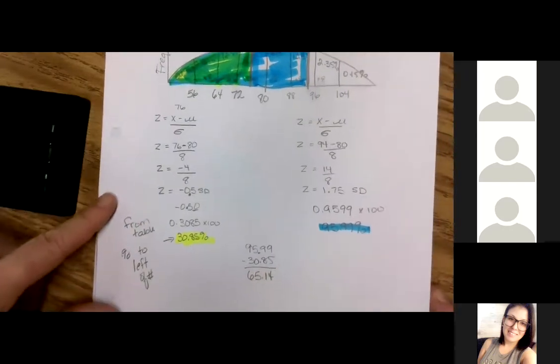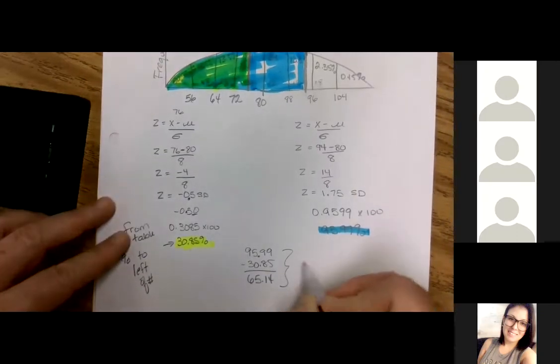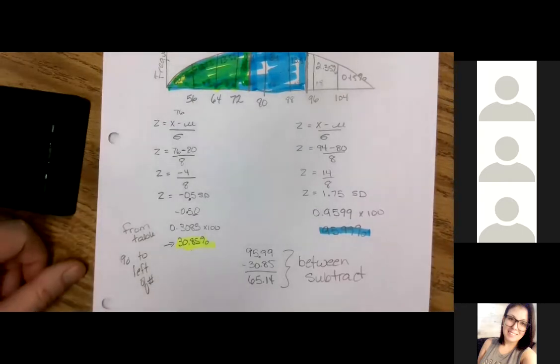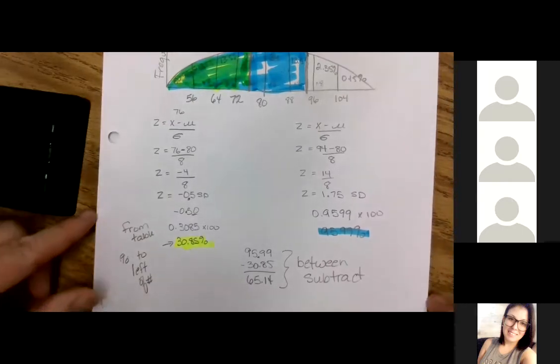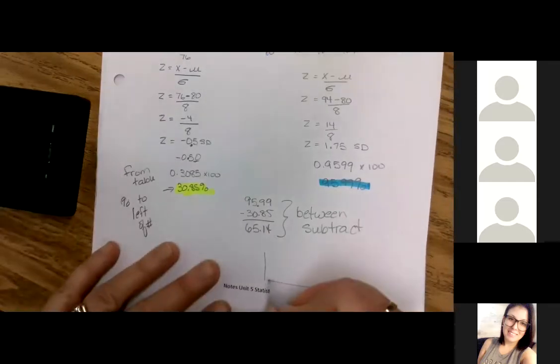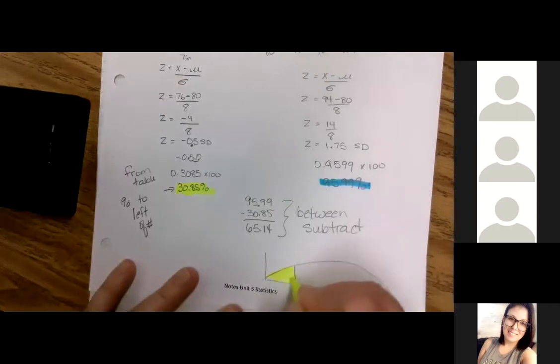So depending on your question, if you have the word between, go with subtraction. The only time you would add numbers together is, imagine you had a graph like this, and the stuff you cared about was here.